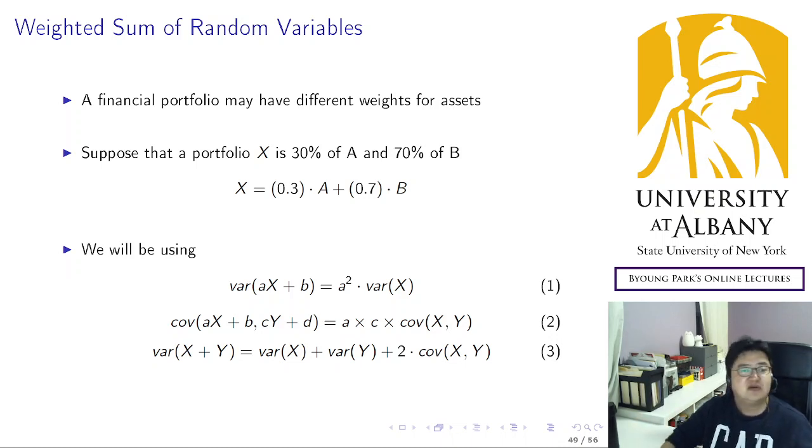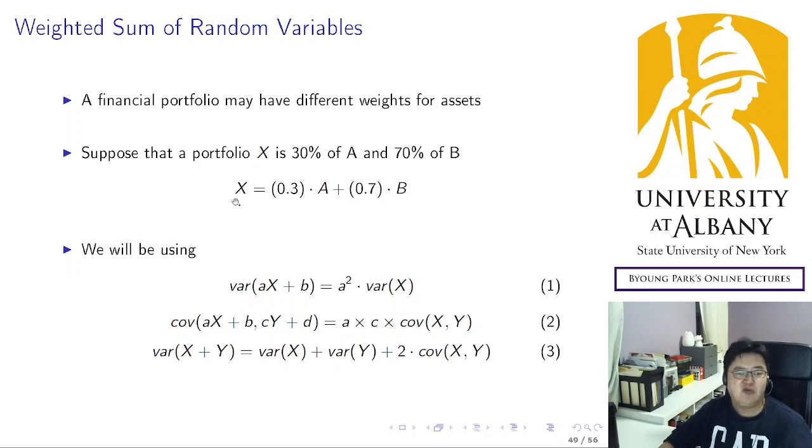Say, for example, you may describe portfolio X like this: 30% invested in A and 70% invested in B. So out of 100% weight, how much is invested where, right?